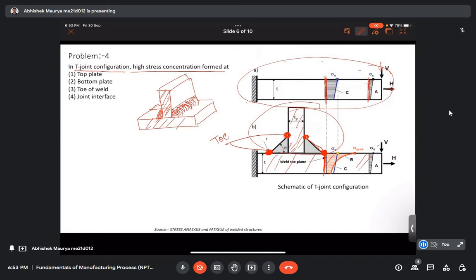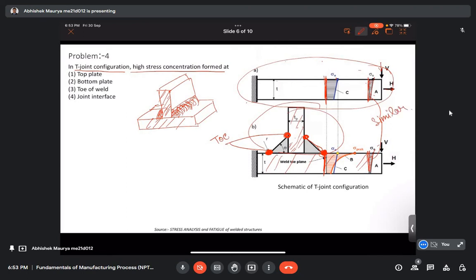stress throughout the beam. If we see a cross section which is very far away from the toe, like here, for the same loading conditions we are getting a similar kind of distribution of nominal stresses, almost similar in both cases.